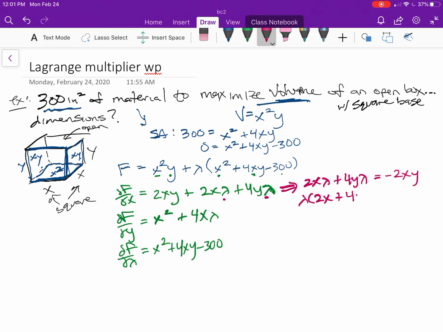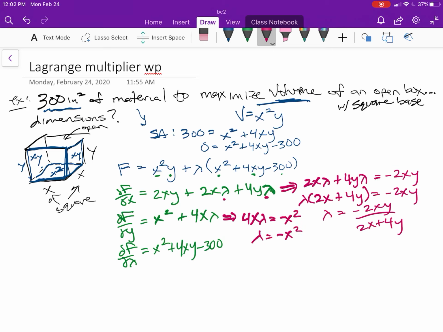Factor out a lambda, and then divide. All right, this lambda is quite ugly compared to the other ones we've seen. This one isn't as bad though. I can solve for lambda pretty easily here. So we get 4x lambda equals negative x squared.